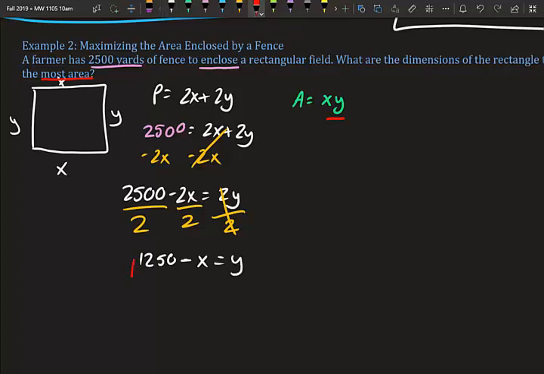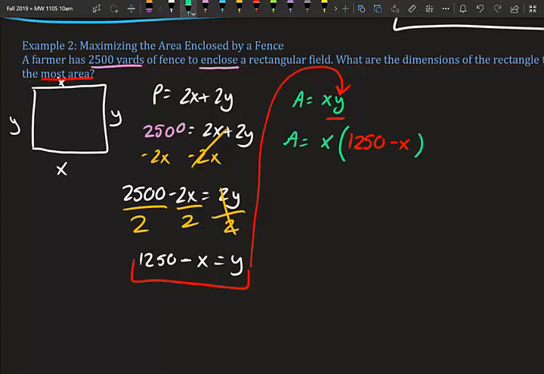So I'm going to take this y equals and substitute it in for y. So we have area equals x times y, which is 1,250 minus x. We're going to distribute, and we have A of x equals 1,250x minus x squared.